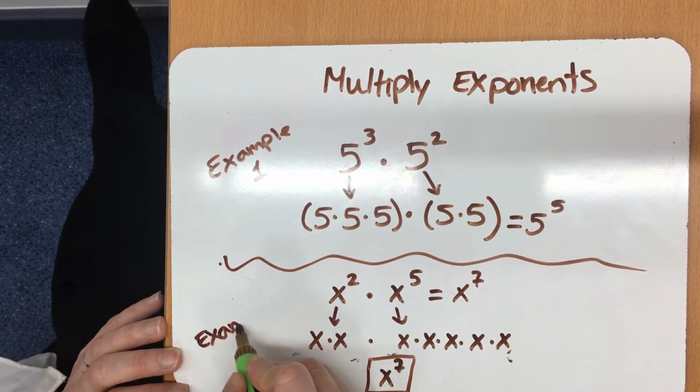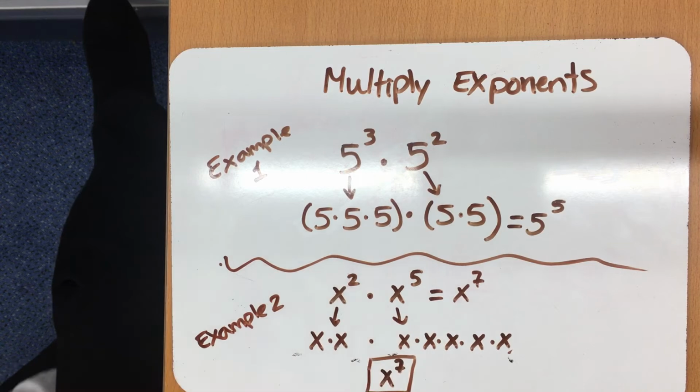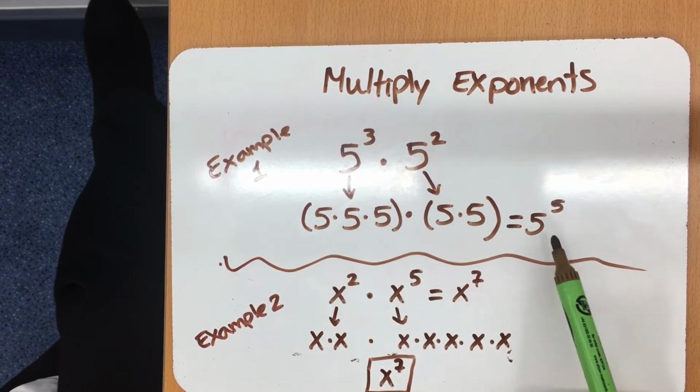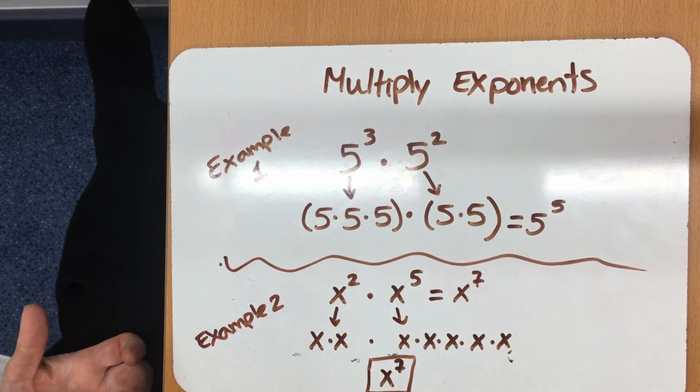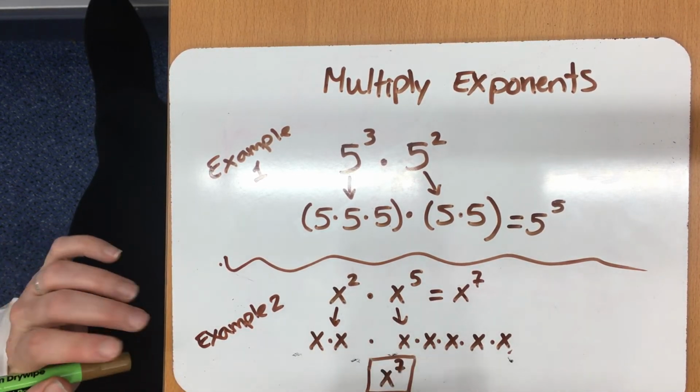And after looking at these two examples, I want you to think to yourself, do you notice a pattern for what happened to get from the initial expression to the final expression that would help you come up with a generalization? You can think about that while I erase this board.